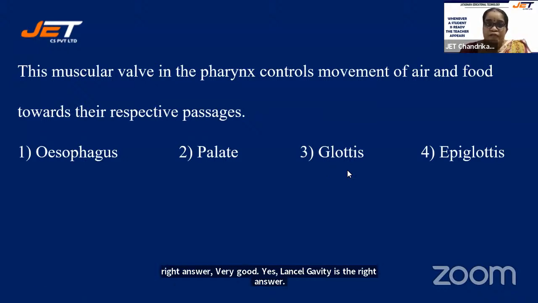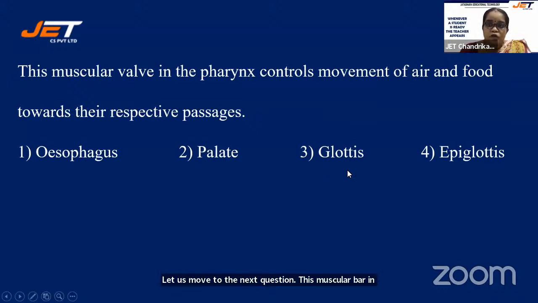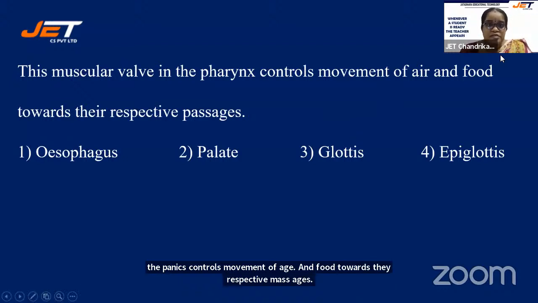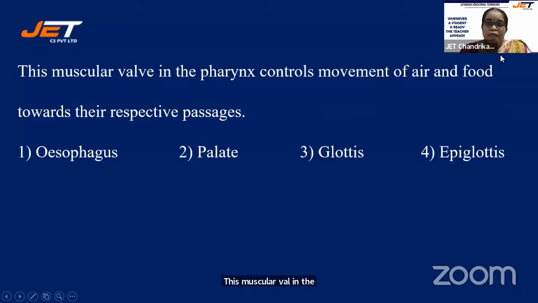This muscular valve in the pharynx controls movement of air and food towards their respective passages. Okay, so many are giving me option 4.